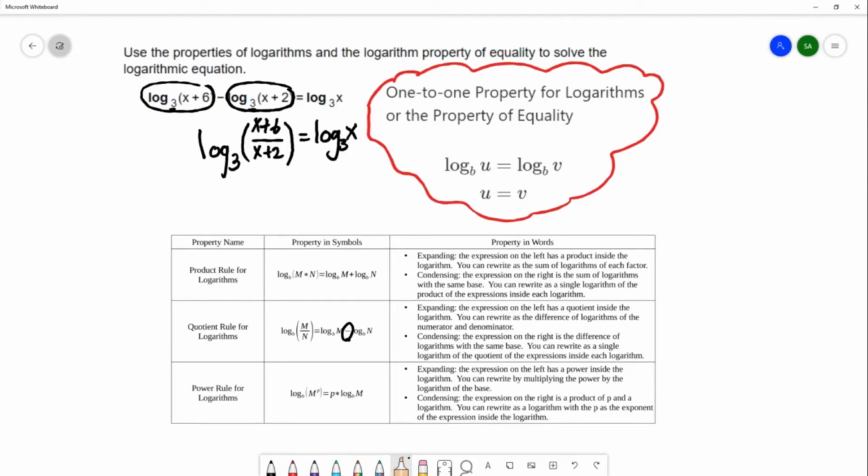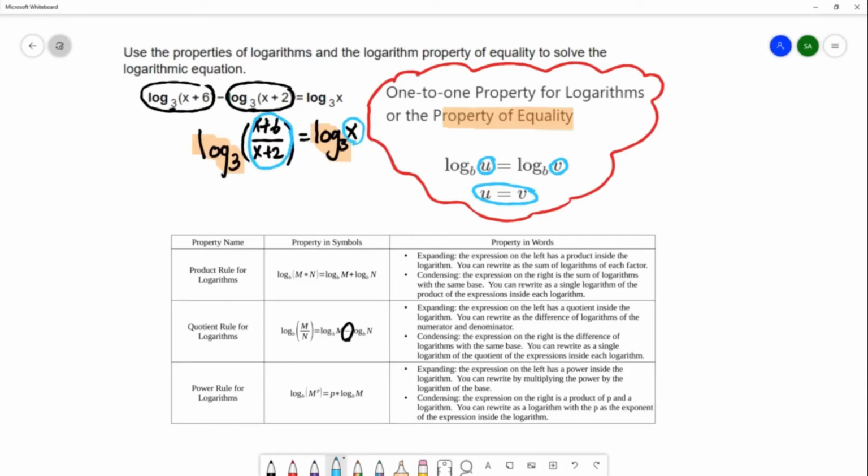Now we have a log of base 3 on the left and a log of base 3 on the right. We can apply that property of equality and say that what's inside the log on the left has to be equal to what's inside the log on the right. So x plus 6 over x plus 2 is equal to x.